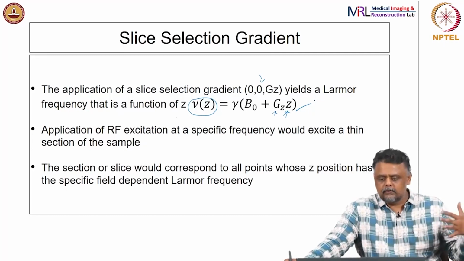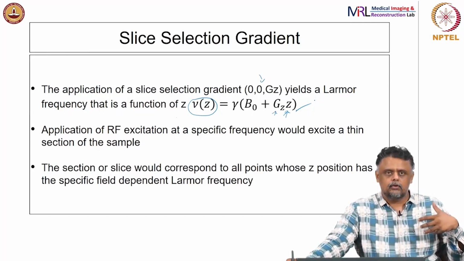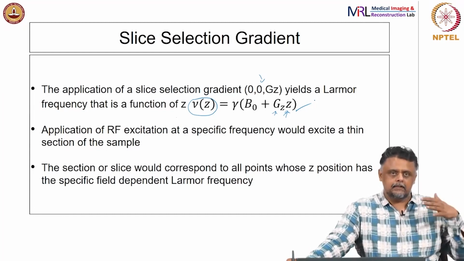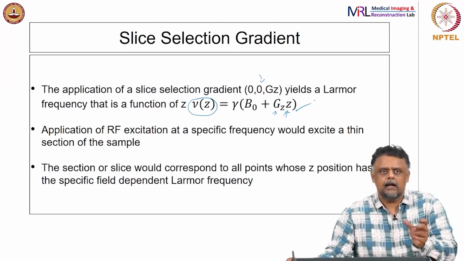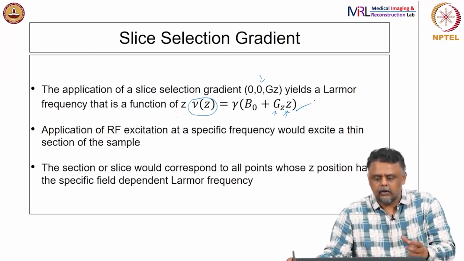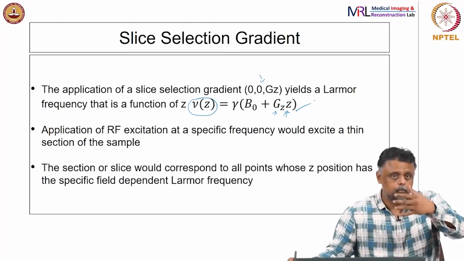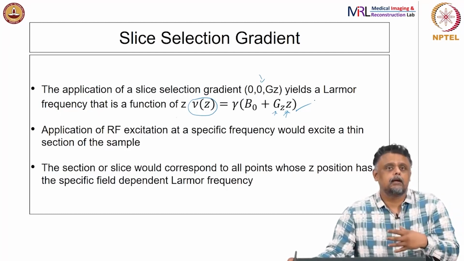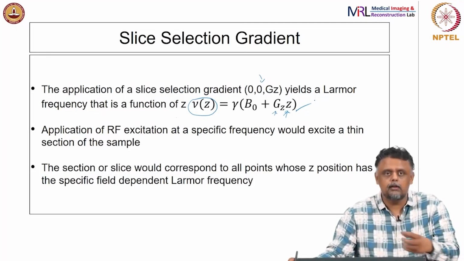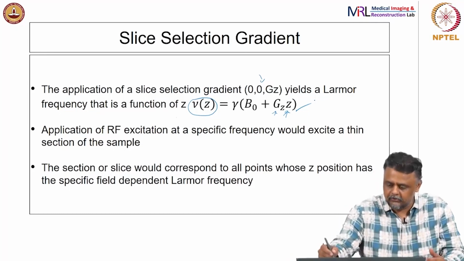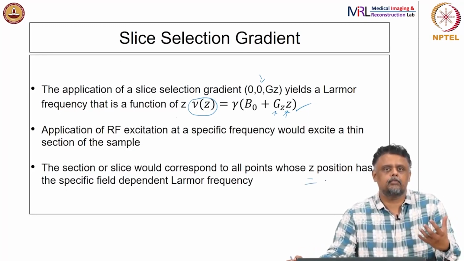Now, once we have this, at the same time we apply the RF excitation pulse. Since the RF excitation is at a specific frequency, there is a bandwidth, we will see that in the next slide, there is a bandwidth associated with the RF pulse. So, it will only excite tissue in a thin section, right. And what is that thin section? That thin section would correspond to all the points whose Z position has the specific field dependent Larmor frequency, right.